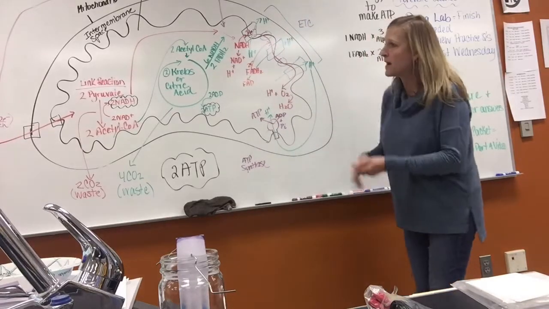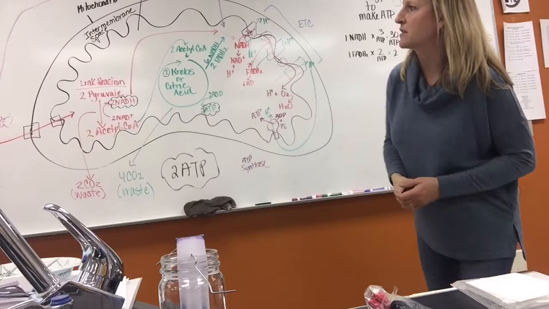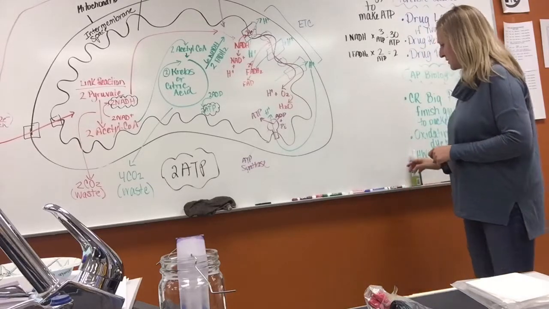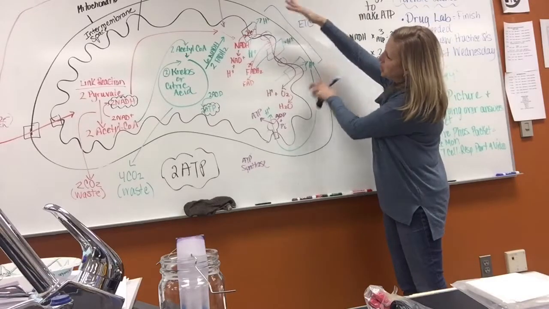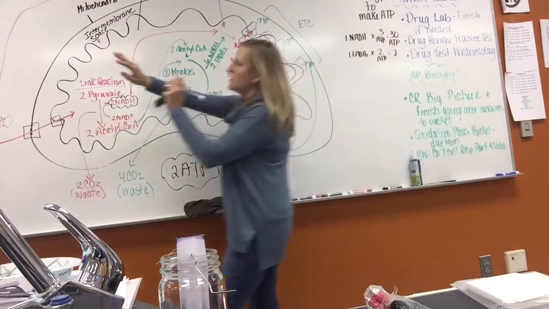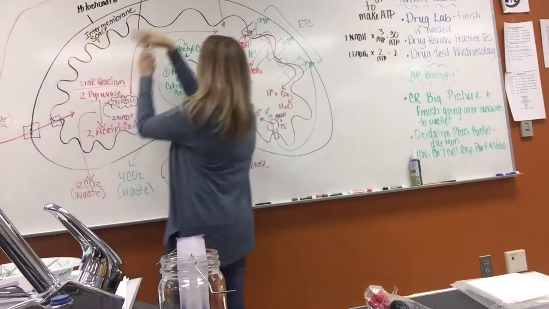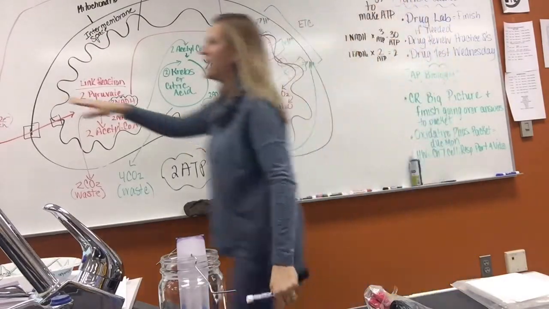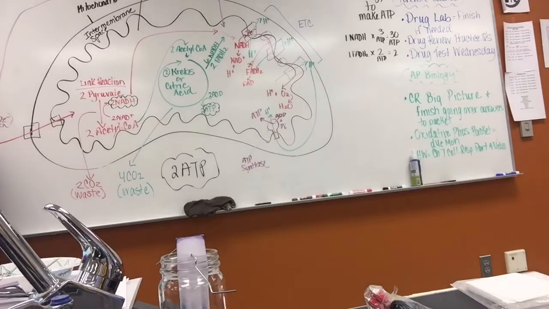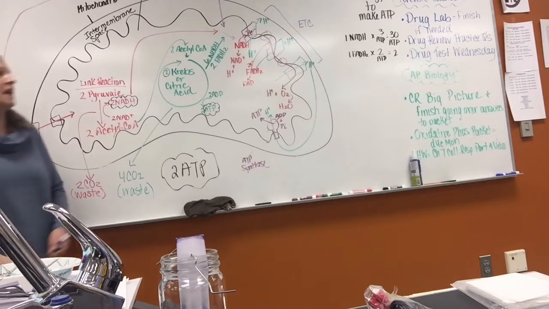Which, by the way, let's talk about names here, because some people first hour were asking about this, so I'm assuming you guys have questions here. This whole last step, remember we've been talking about glycolysis and the link reaction, the Krebs cycle. This whole last step is called oxidative phosphorylation. So if you look at this picture from the notes, it says oxidative phosphorylation. And there's 2 parts to that. There's electron transport and chemiosmosis.